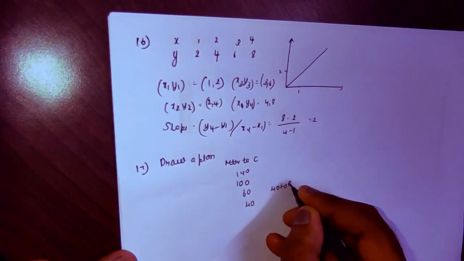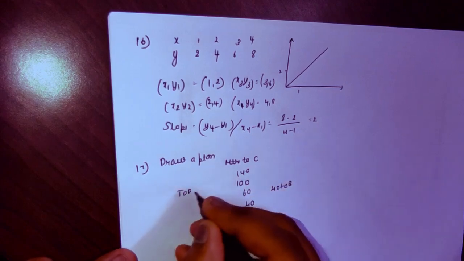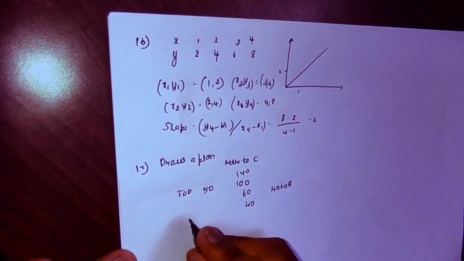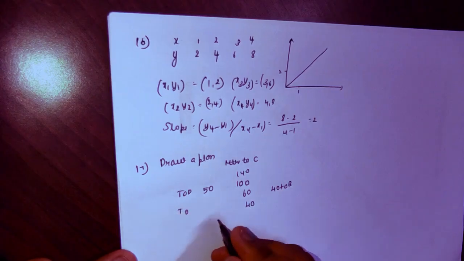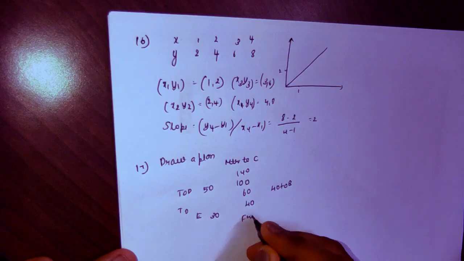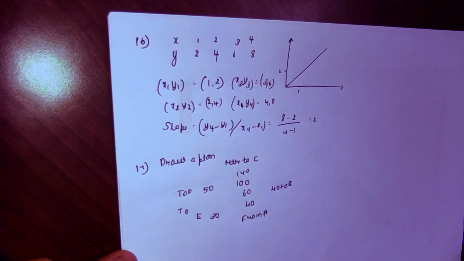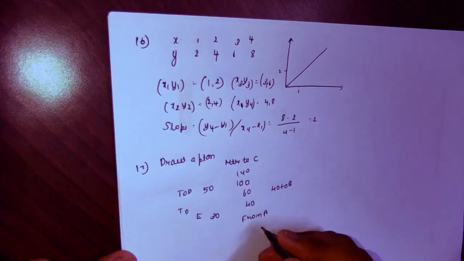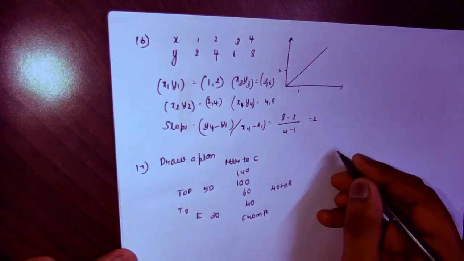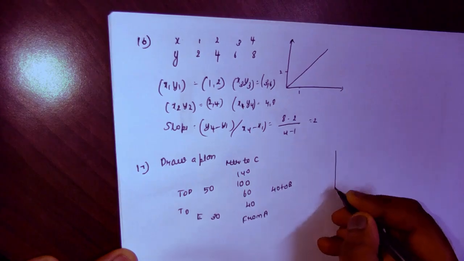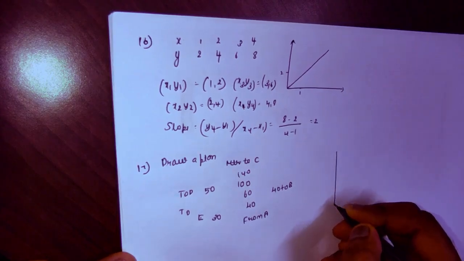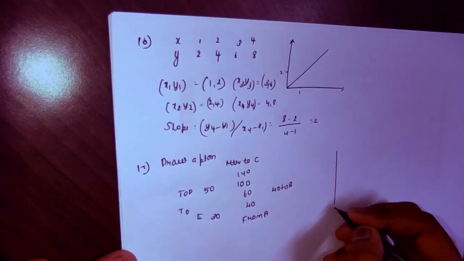From here it is 40 to B, to D is 50, and to E is 30. This is from A. We know, first, from A to C is 140. The scale is 20 meters is equal to 1 centimeter. That scale is given in the question.